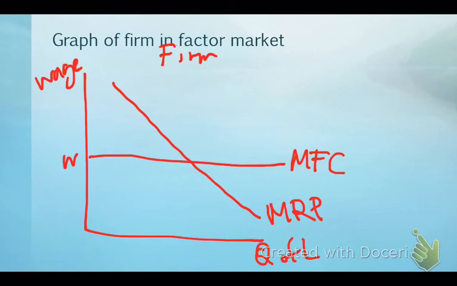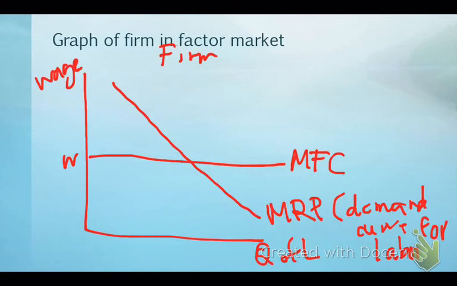It serves as the demand curve for labor. The MRP. You don't have to write that every time. I just wrote that in for you to know. All you need to put is MRP. That's just a little note. Demand curve for labor. Okay, where they cross is going to determine how many workers are hired.